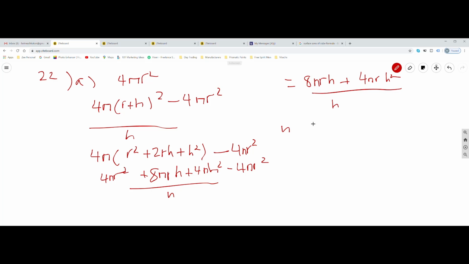So h, you're left with 8 pi r plus 4 pi h. Then you substitute 0 for h, you're left with 8 pi r. And you substitute the radius, 8 pi 10. You get 80 pi.